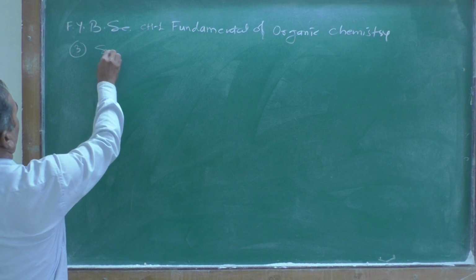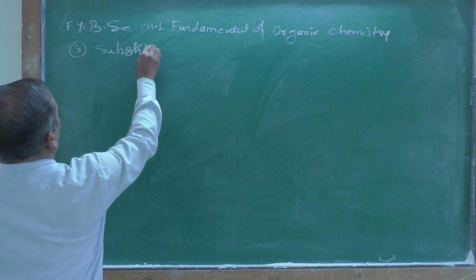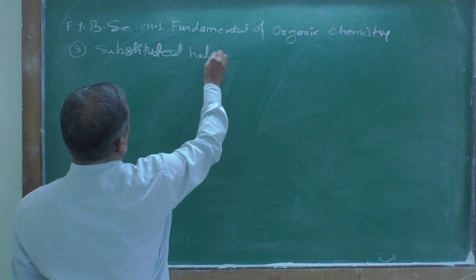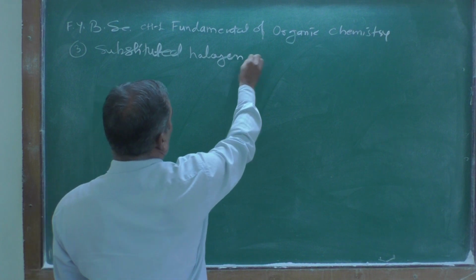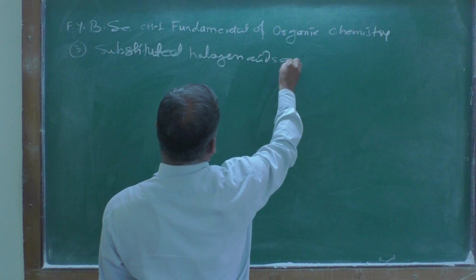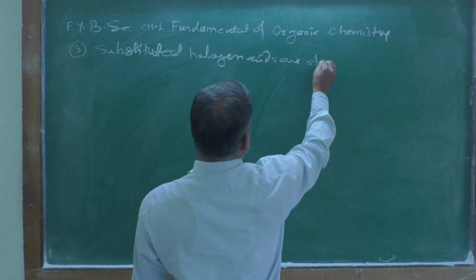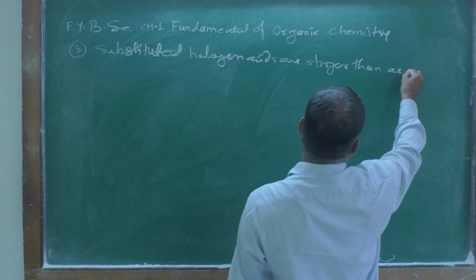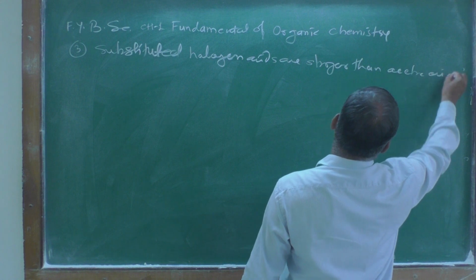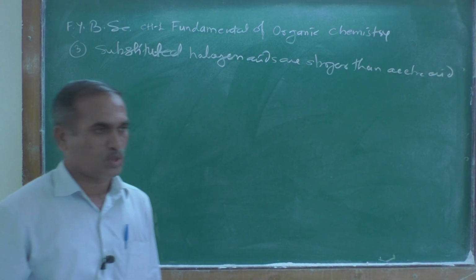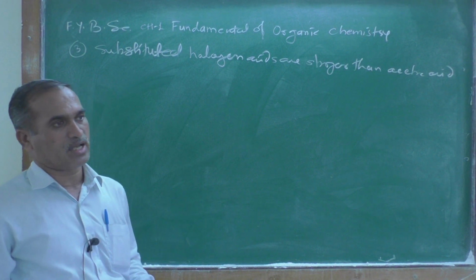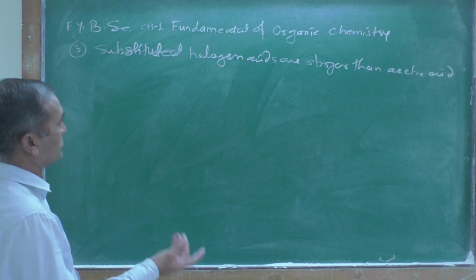Substituted halogen acids are stronger than acetic acid. Or the question may be: chloroacetic acid is stronger than acetic acid.